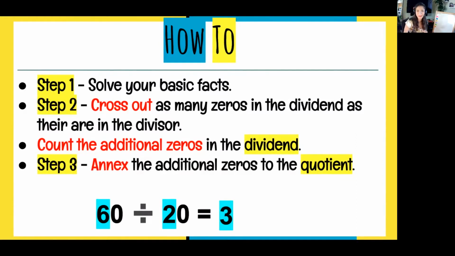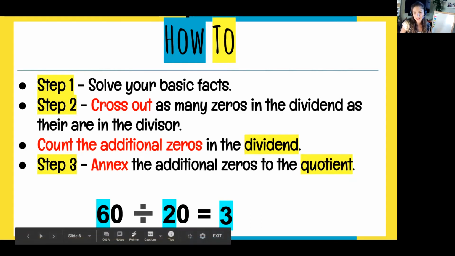Yeah, you guys are ahead of the game. That's right. The zeros cancel each other out. Yes, you remembered because I gave it as a preview in the last chapter. You've got a good memory. So our next step, for those that didn't quite remember, is to cross out as many zeros in the dividend as there are in the divisor.